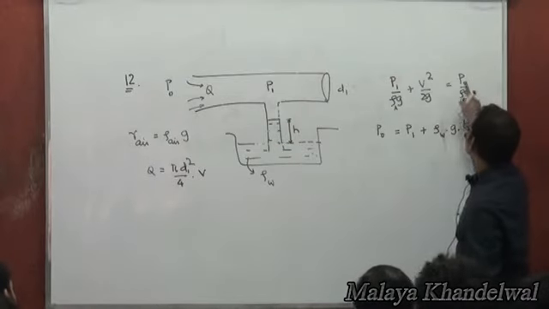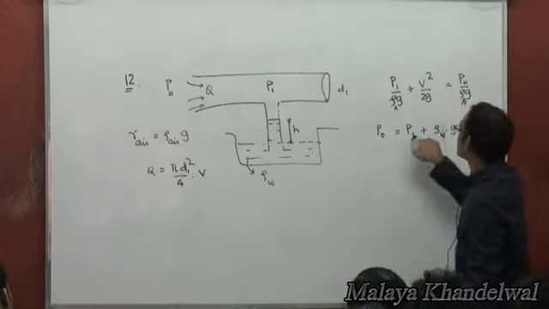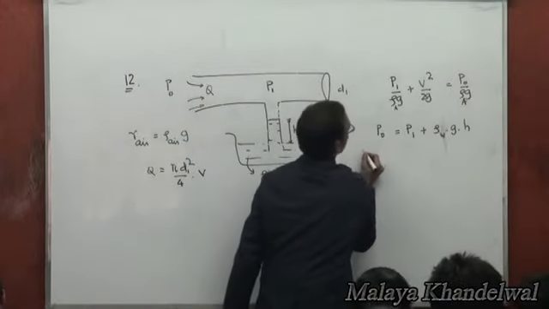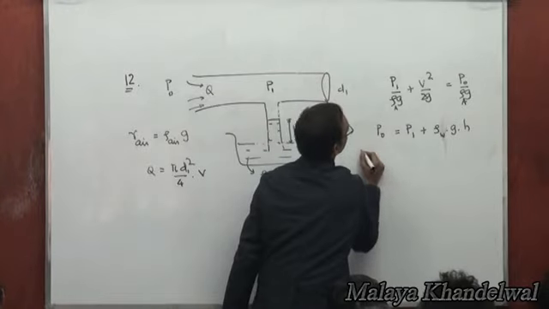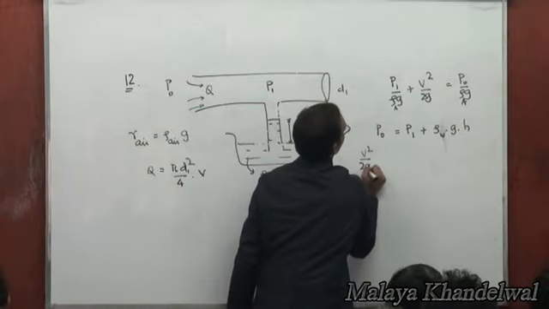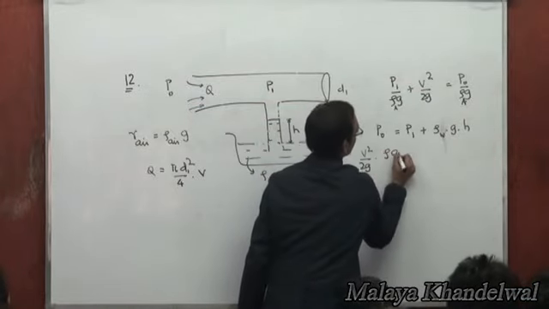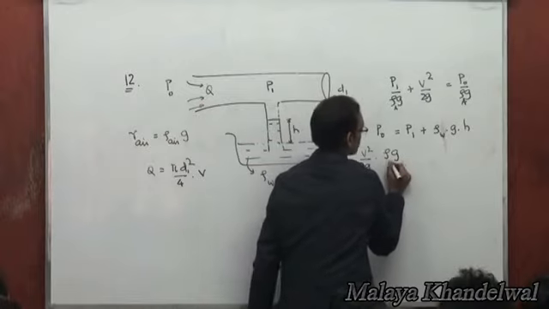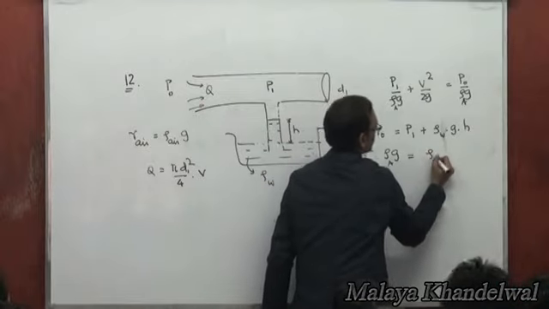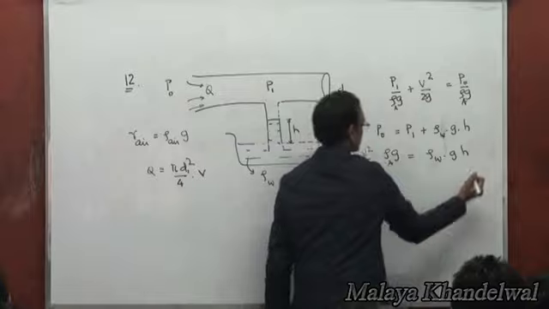So all you need to do is take P naught minus P1, which turns out to be V squared by 2g into rho of air into g, and that must be rho W g h.